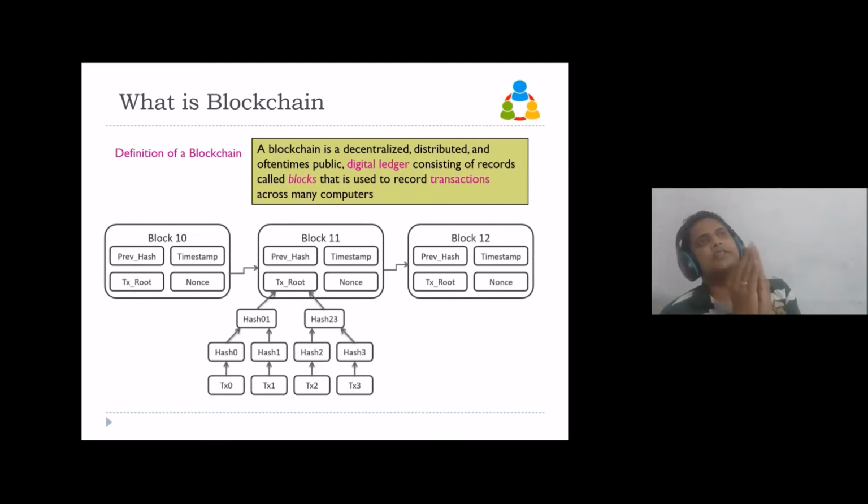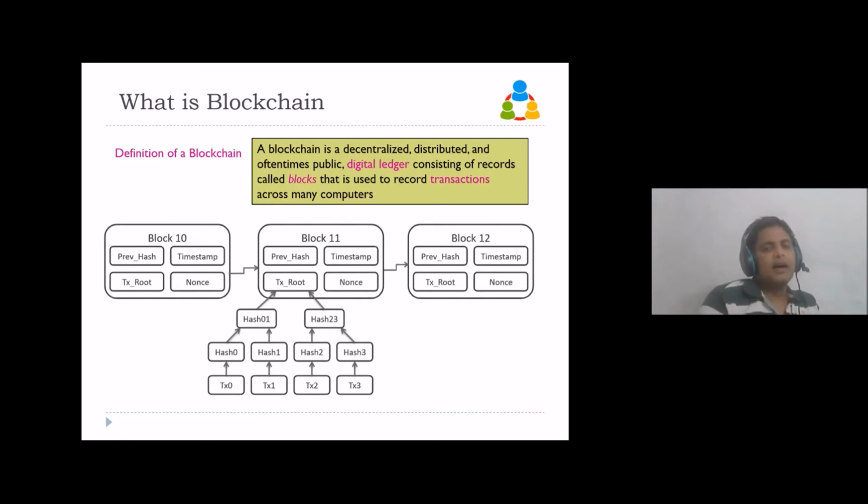Okay, so there will be multiple blocks connected to each other, and each block may have one transaction or many transactions, and they're all connected to each other, meaning block number 12 will have information about block number 11. So they are all connected, and then they form a chain.